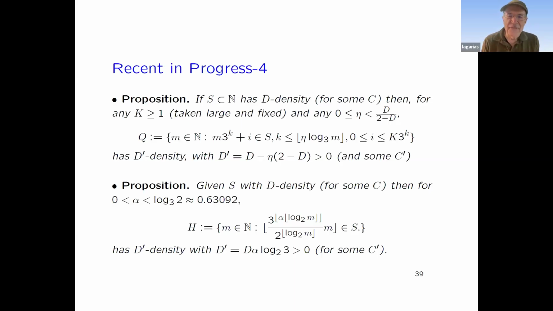You take all those m, and they will themselves have a star density, provided the constants obey something. And another thing you can do is handle integer parts and get that sets that have 3 to a power over 2 to the power times n, and rounding down, will still preserve a density. So those are some of the ingredients that are going in to try to allow you to iterate the Collatz result, the next thing being that you can preserve the arithmetic structure in the interval. Okay, next slide.